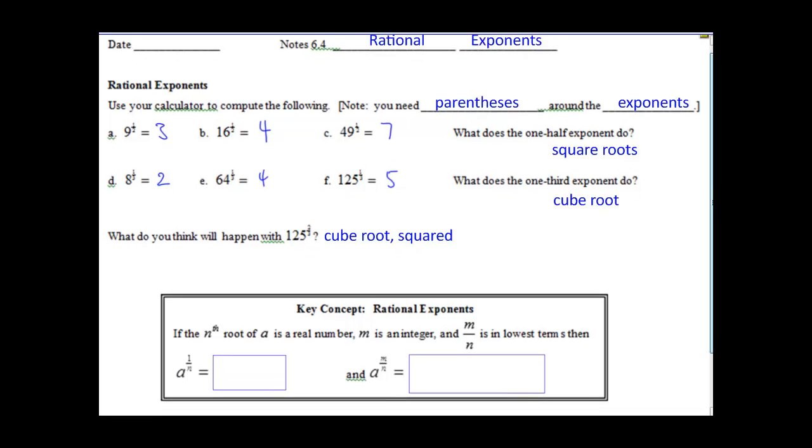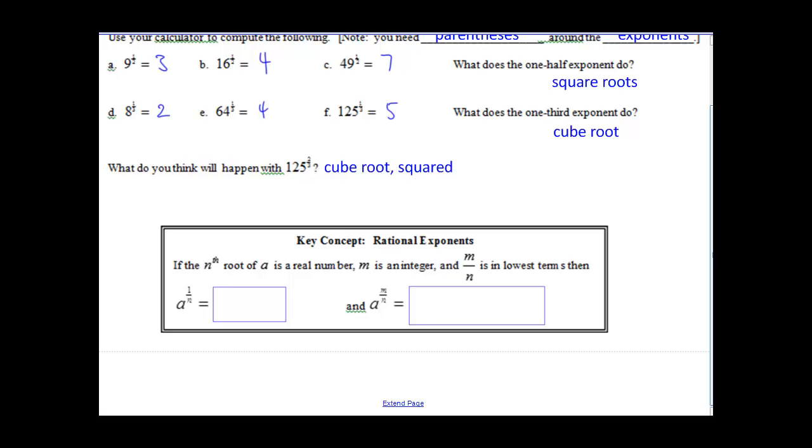So the key concept we need to know: if the nth root of a is a real number, m is an integer, and m divided by n is in lowest terms, in other words, reduced, then a to the 1/nth is just the nth root of a. If it's m/n, in other words, if we have 2/3, 3/4, 4/5, and so forth, there are two ways to write it.